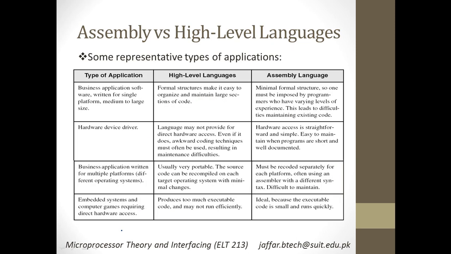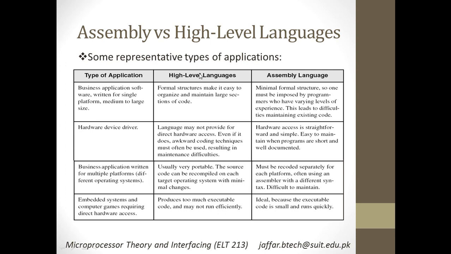There are some applications discussed here when comparing assembly level languages with higher level languages. The first type of application is business application software, or writing for a single platform or medium that is of very large size.